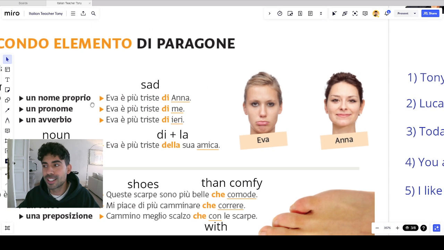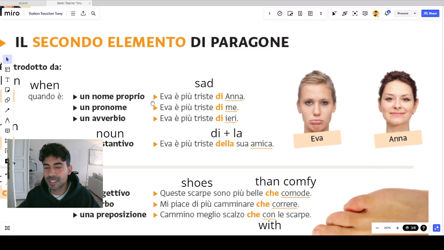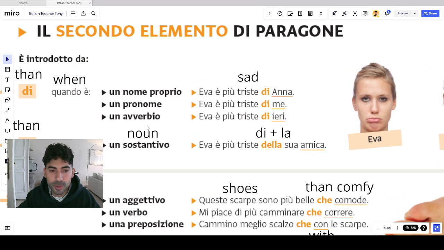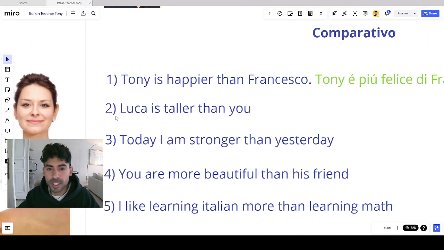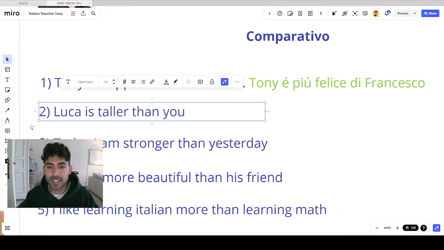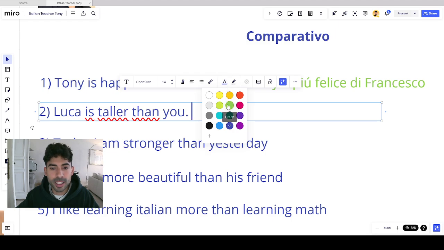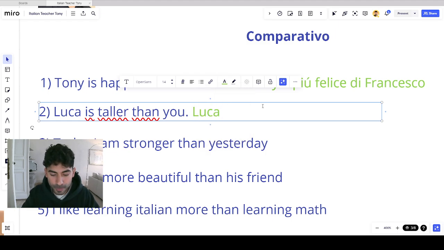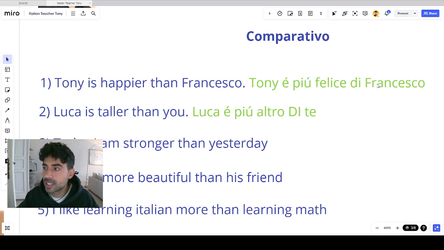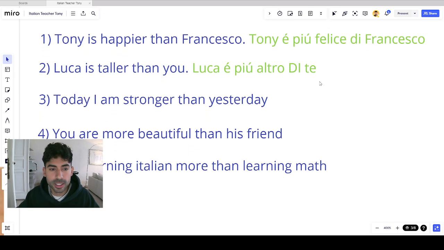So "you" is not the name of a person, it's not a generic noun, but it's a pronoun. So in this case, the translation will also have di for "than." Luca è più alto di te. Notice: name of a person, pronoun.